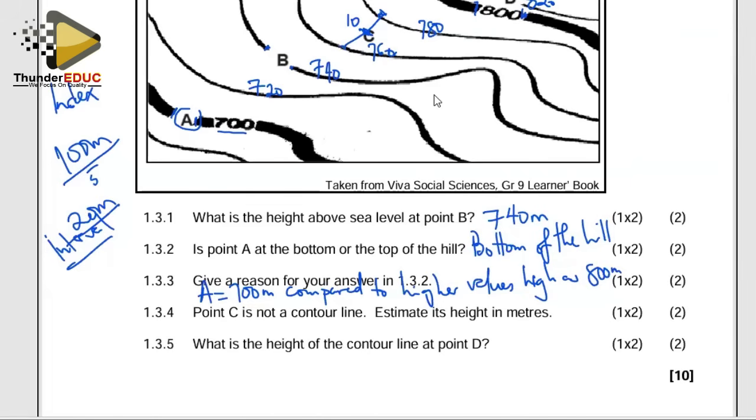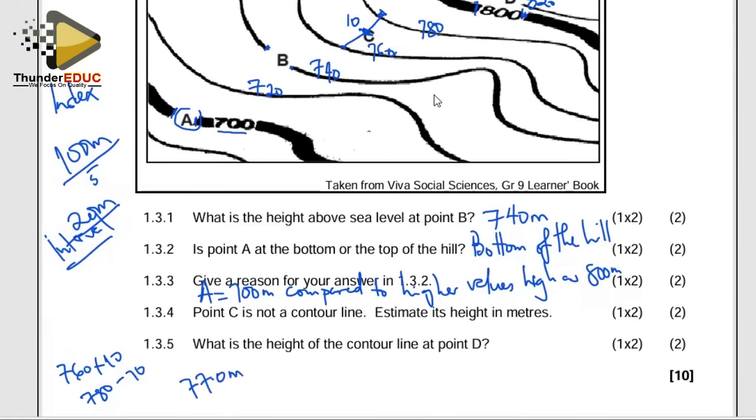So it's either 760, if you want to take it from the bottom, 760 plus 10 meters. Or it can be 780 minus 10. What do we get there? We get 770.